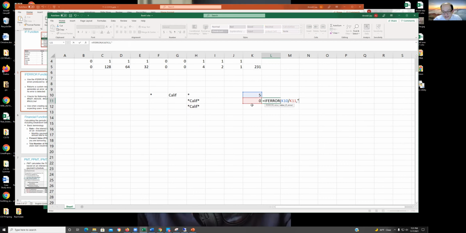You probably don't want to say your error message here, but I'm going to say it like this: divide by 0 error. Something like that. And so that's exactly what it is, because it found out that there was a 0 when it tried to divide 5 by 0, so I divided K10 by K11.